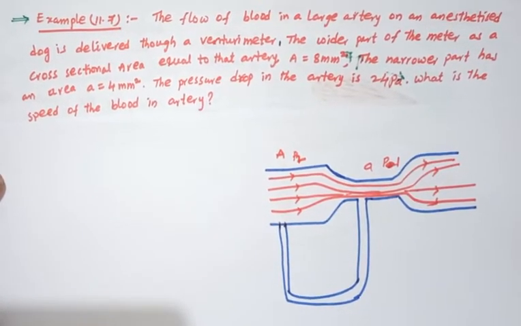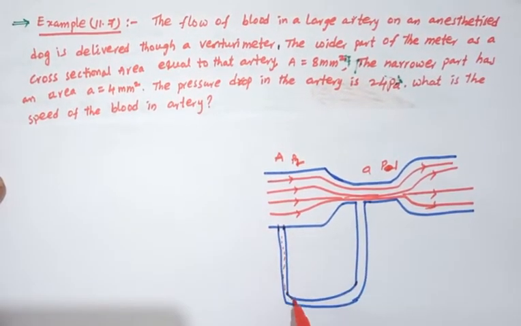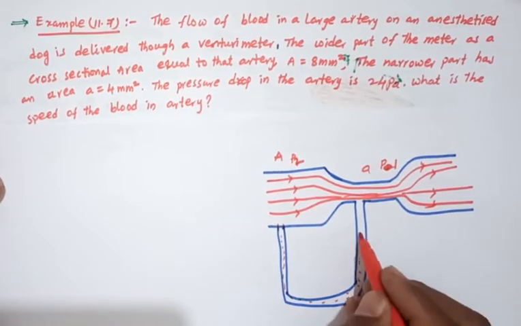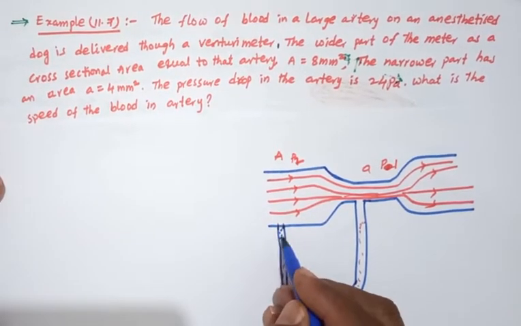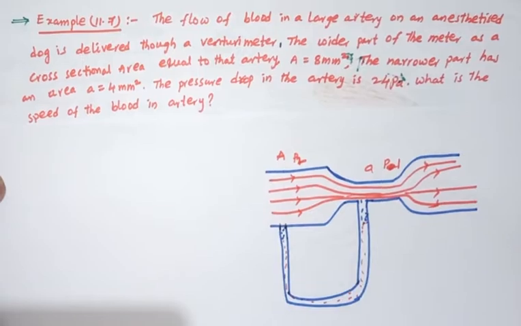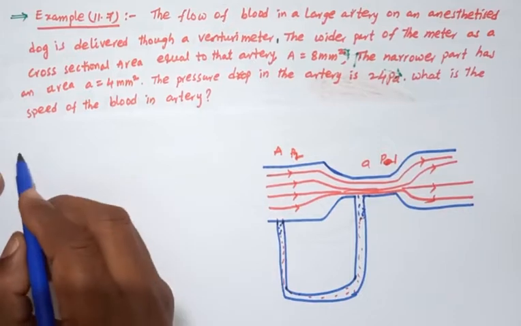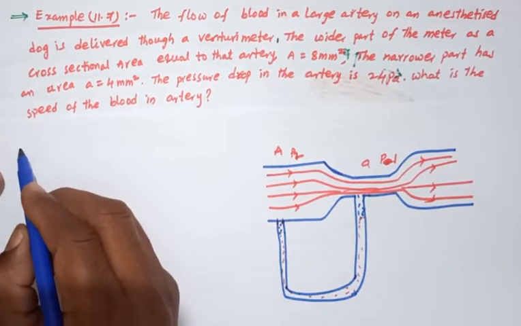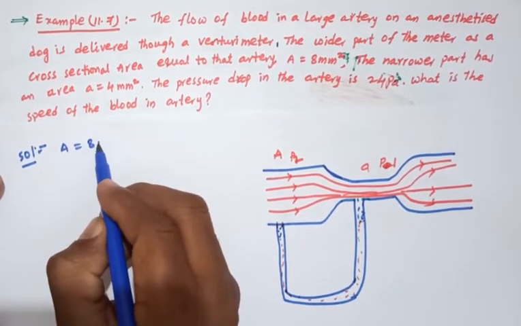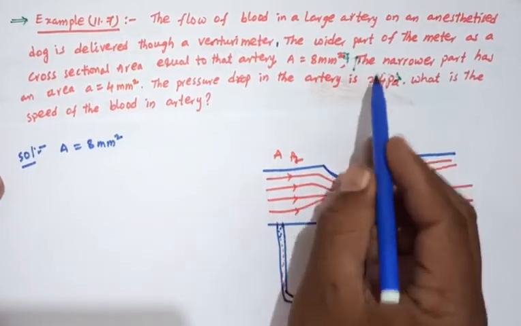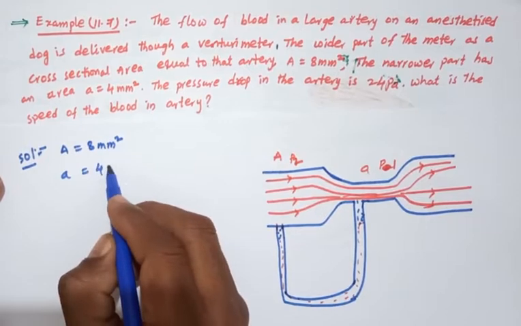Okay, so what is given here? It consists of a liquid, like a manometer, and the blood is moving here. The areas are given: the broader area is A equals 8 millimeter square, and the constricted area a equals 4 millimeter square.